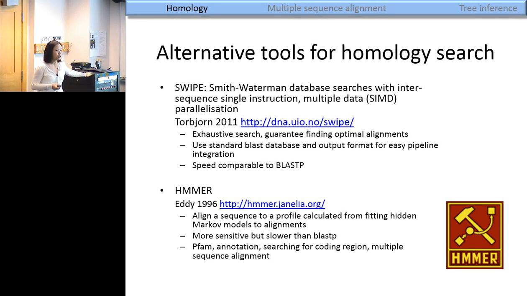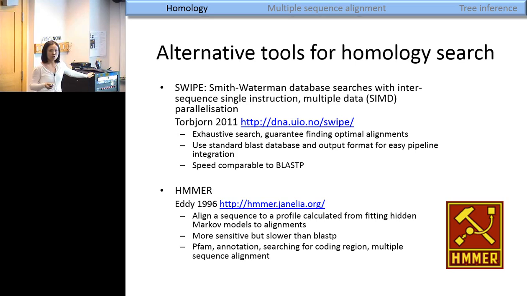Actually, HMMER has already been implemented in a lot of pipelines, even if you don't use it directly. It's in the backend of a lot of things like the Pfam database, and a lot of sequence alignment pipelines use HMMER or a variation of similar HMM models.